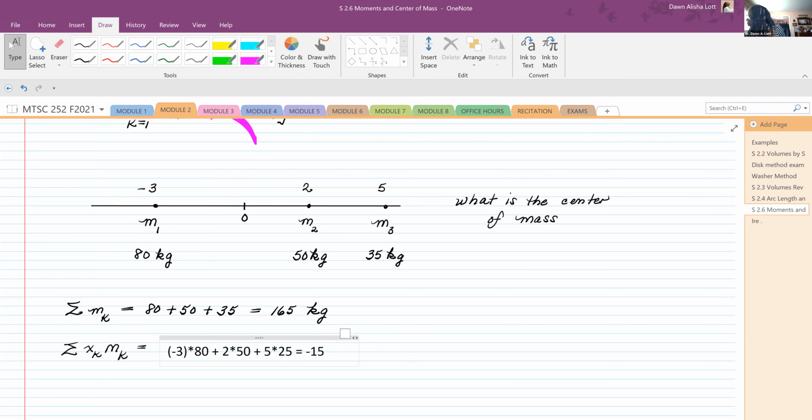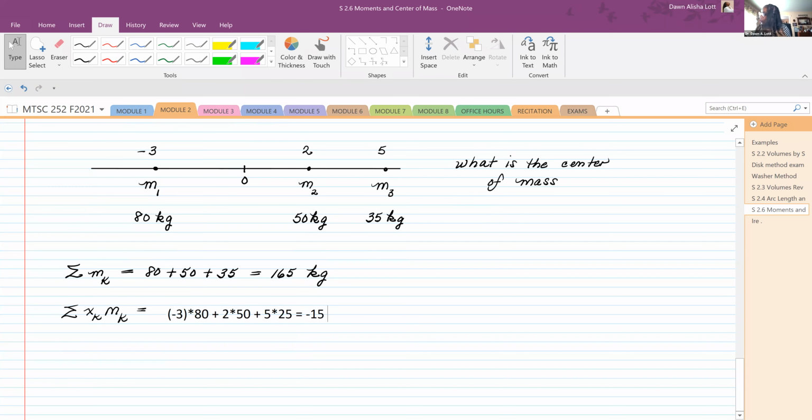That's -15. All right, so our X bar then turns out to be -15 over 165. And so this thing is almost at 0, just a little bit off from 0.